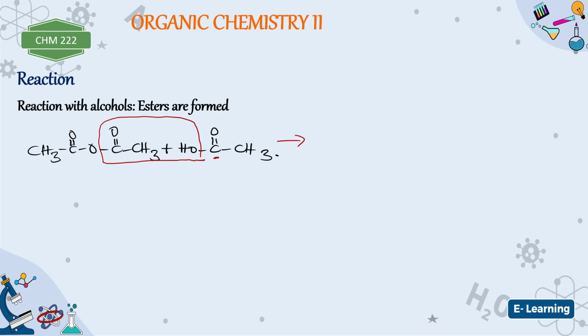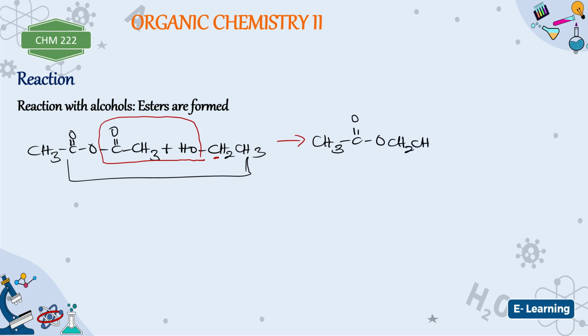Okay, reaction with alcohol, not reaction with carboxylic acid. I had a confusion here. So here it's supposed to be CH2CH3, because it wasn't making sense. Good. So when this one combines with this, it's going to form a carboxylic acid. Then these two groups here will combine with each other. So this is going to give us CH3, C double bond O, O, then here will be CH2CH3.